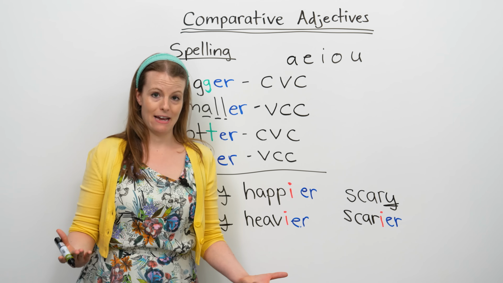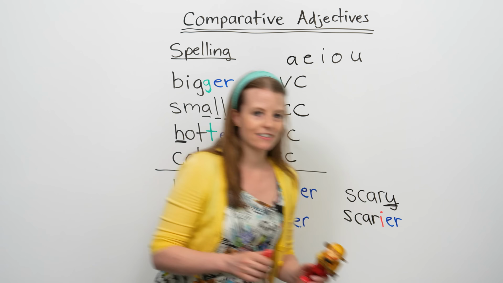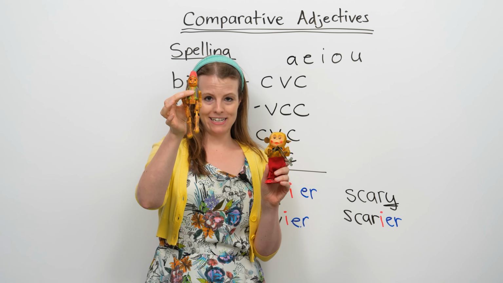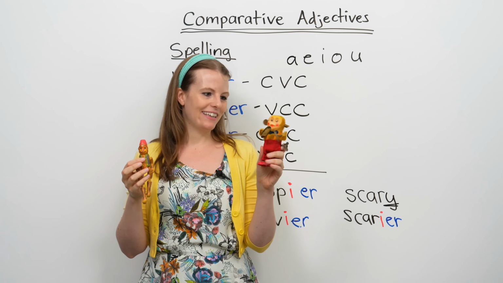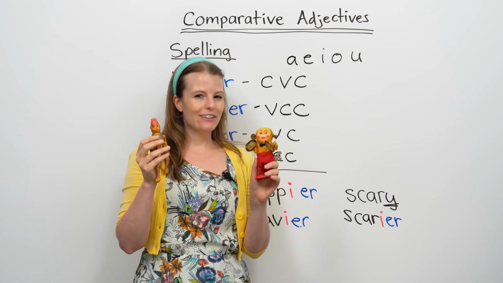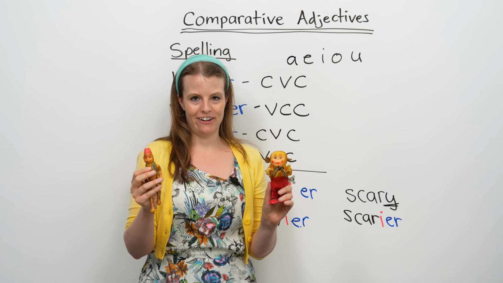Let's do one final example for this video. So I have here two monkeys. This is a monkey made out of wood, and this is a monkey made out of plastic. So I want your opinion. Which monkey is scarier?